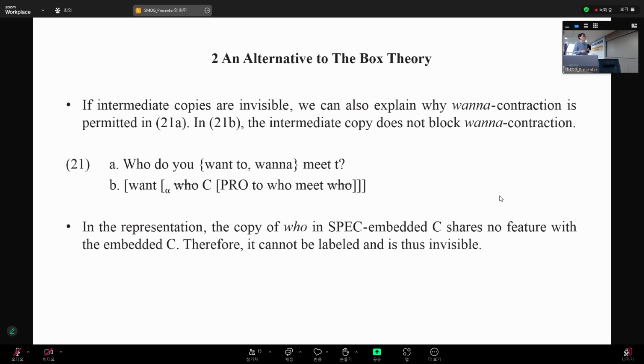But in (21b), in fact, this copy is not feasible, because alpha cannot be labeled via feature sharing, and alpha cannot be labeled via minimality. So we just pretend that "who" is not there. "Who" must, anyway, be dislocated. So in this case, "who" is not visible in the course of derivation. That's why "who" cannot block the wanna contraction. So in (21), although "who" stops by in here, it cannot block the wanna contraction. It's because "who" cannot label at all in the course of derivation.